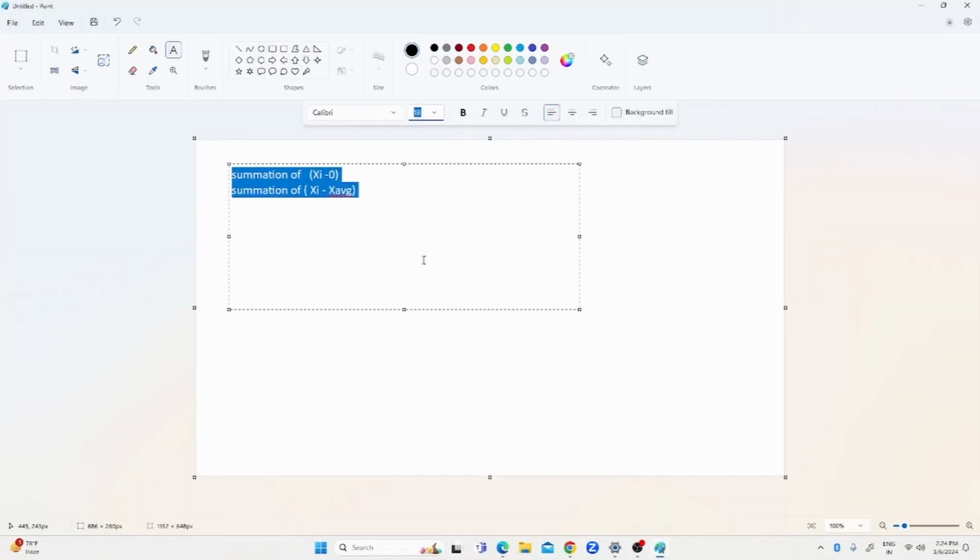Now when we go for the second, this is the first moment around the origin and the first moment around the mean.